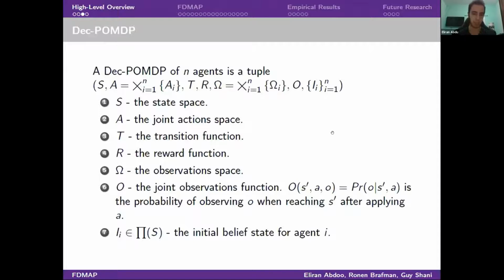And O is the joint observation function. So again, our joint observation function is given the state, the joint action, and the joint observation. And finally, we have the initial state. In fact, we assume that all agents have the same initial state, so they all start off with an identical view of the state.